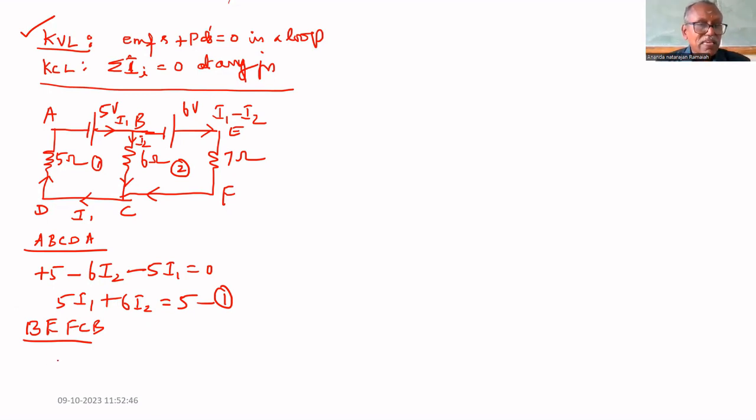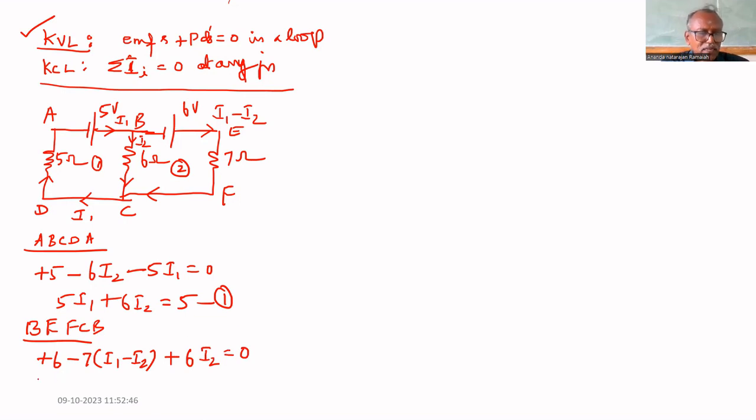If you select B, there is a rise in potential, that's why plus 6. There is a fall in potential in 7 ohm, that is minus 7 times I1 minus I2. There is no element in FC, but in CB there is a resistance 6 ohm, and we are traveling against current direction. That's why a rise in potential, 6 times I2 equal to 0.